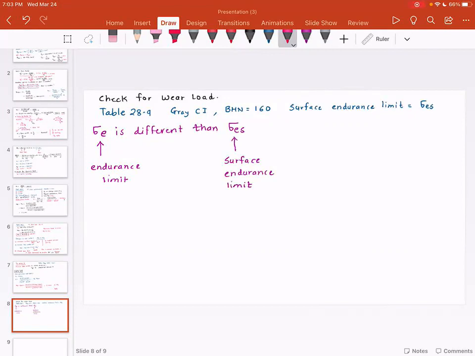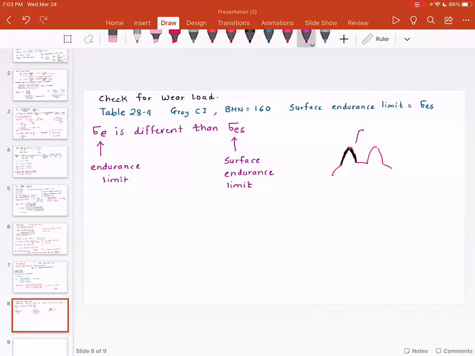Now, why are these two different? If you look at the gear, the surface endurance strength is the endurance strength at the surface.